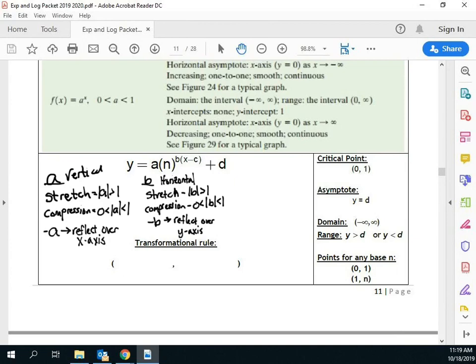So when we look at C, we're going to talk about horizontal again. But guys, you've got to focus on the fact that if it's plus C, what does that mean? Shift left.